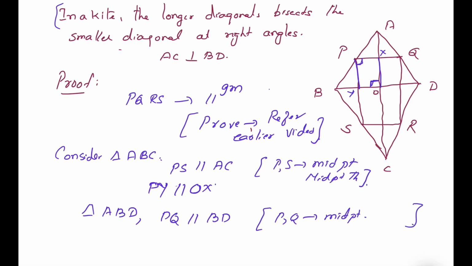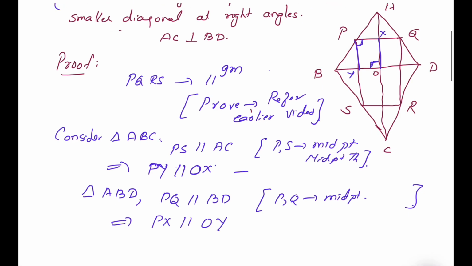So, PQ is parallel to BD means you can say PX is parallel to OY. Therefore, from 1 and 2 you can say PXOY is a parallelogram.